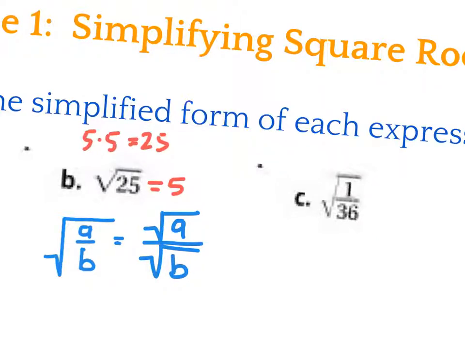So the square root of 1 over 36, or another way of looking at that, which is even easier, is 1 over 6 times 1 over 6 equals 1 over 36, because multiplication of fractions is straight across. This will actually be easier than this property. So the square root of 1 over 36 is 1 over 6. And that's the rule.